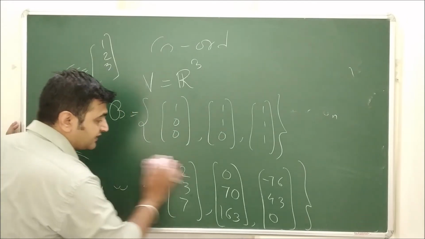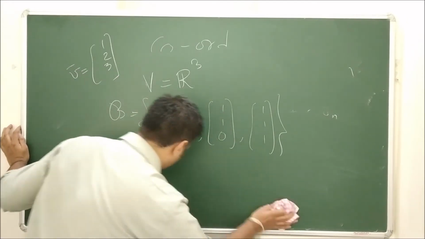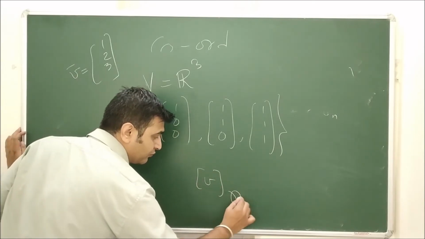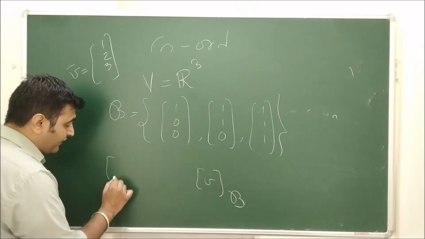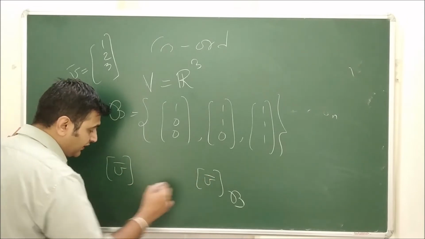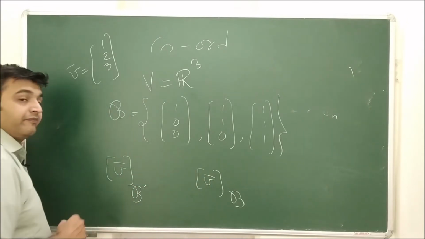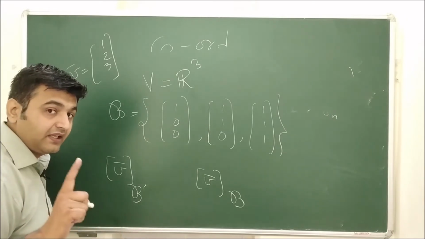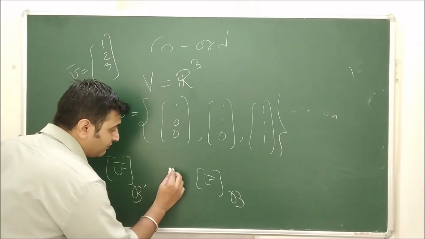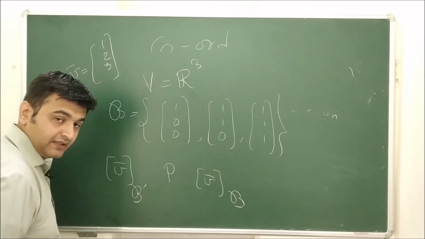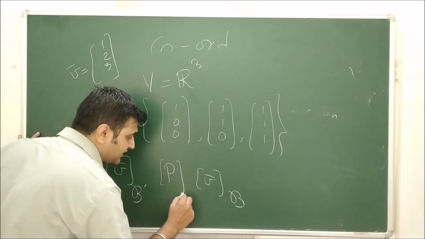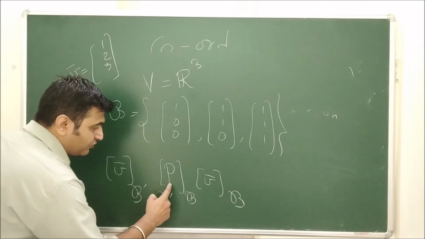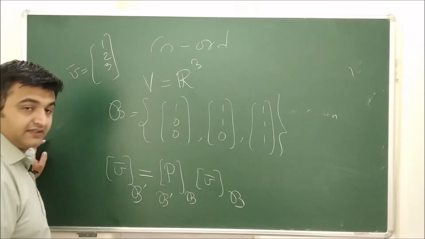What is the scenario we have? We have the coordinate vector of v with respect to B, and I want to find the coordinate vector of v with respect to B prime. That is where the change of basis matrix will help you. What you do is multiply by a matrix P, whose notation you will see is from B to B prime. When you do this multiplication, you get the answer.